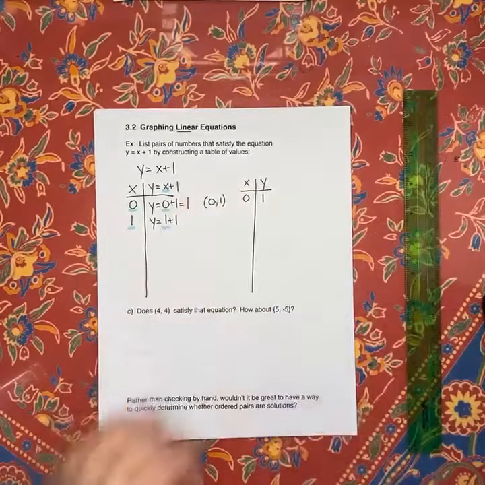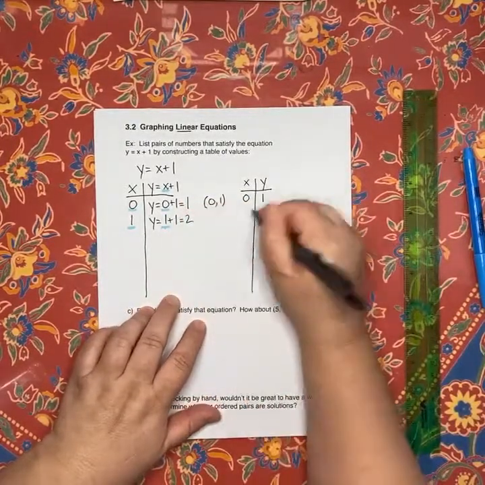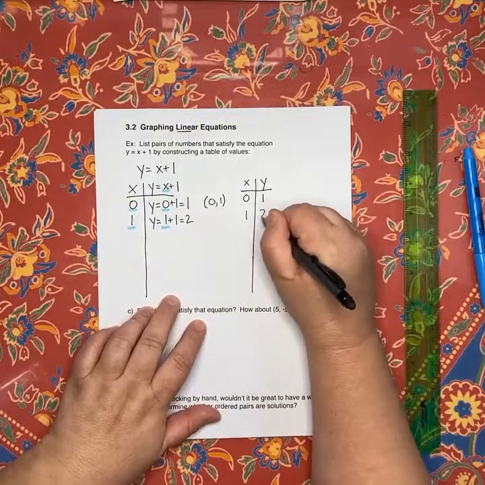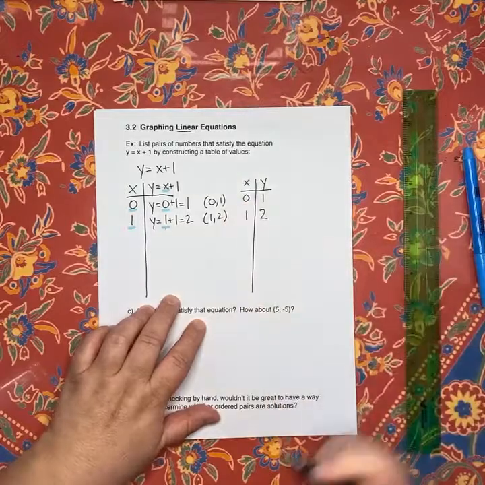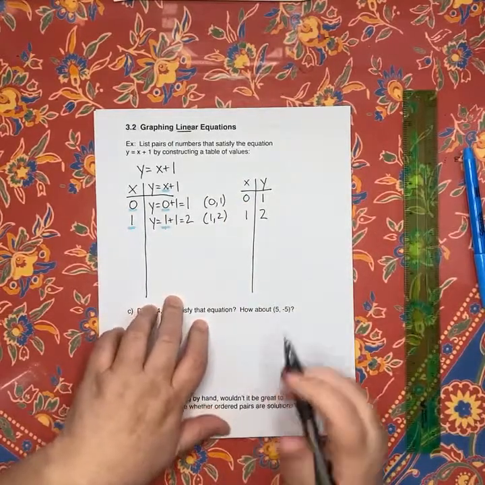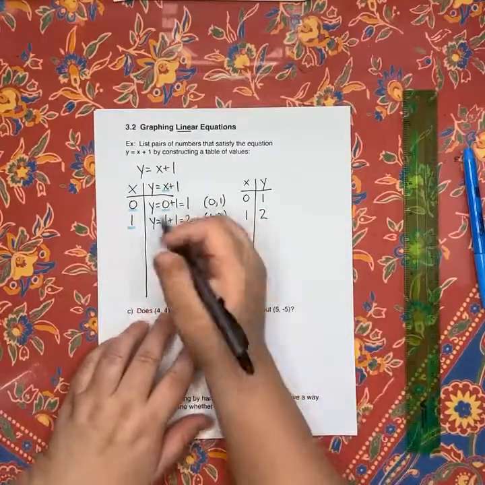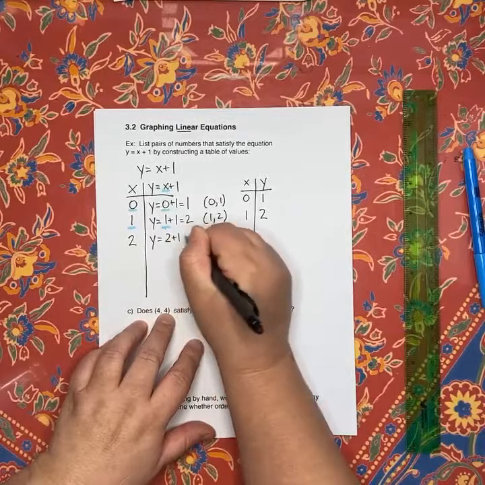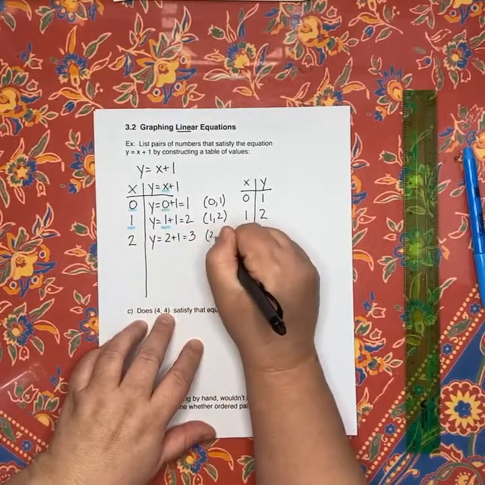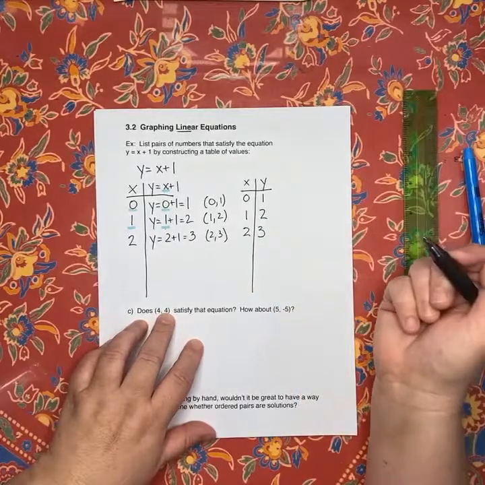So 1 plus 1 is 2. Or if you're doing the streamlined version, it would be 1 and then y is 2. And that corresponds to the ordered pair 1, 2. You don't have to write both of these. I'm showing you the two different options. If x is 2, y is 2 plus 1, which is 3. Or you could just list them as 2, 3.